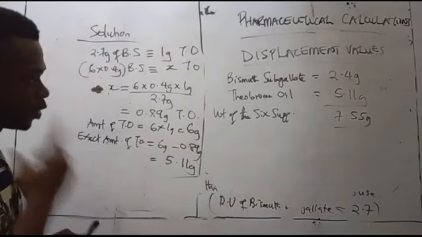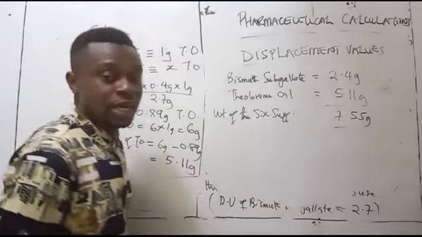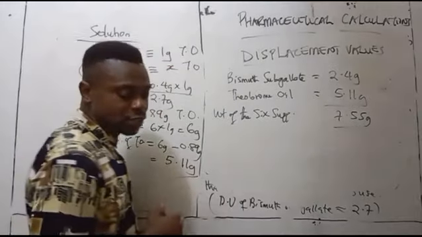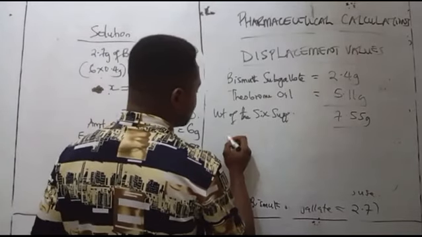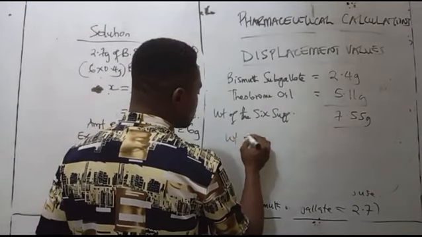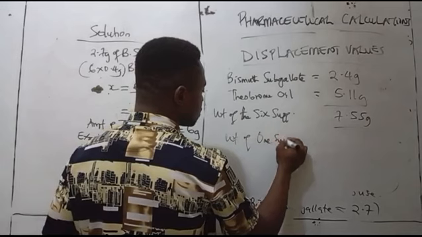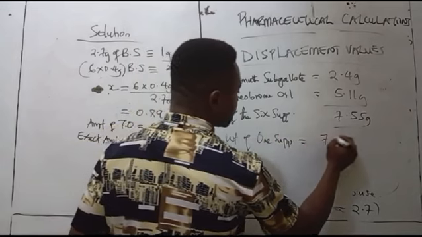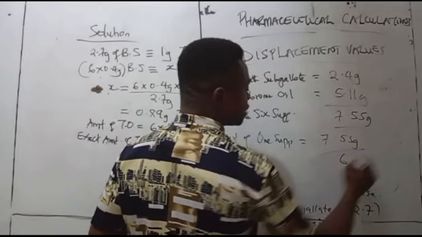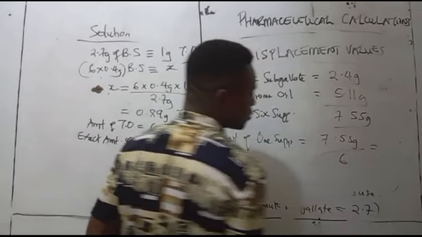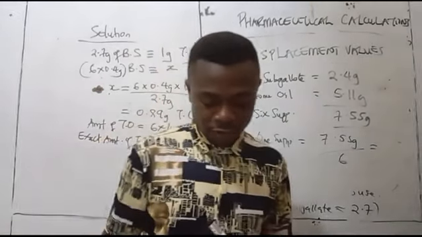7.55 grams. So if you now want to know the amount of 1 suppository, we simply divide this 7.55 grams. So the weight of 1 suppository will be 7.55 grams over the 6 suppositories. This will give us what? 7.55 grams should give us around what?